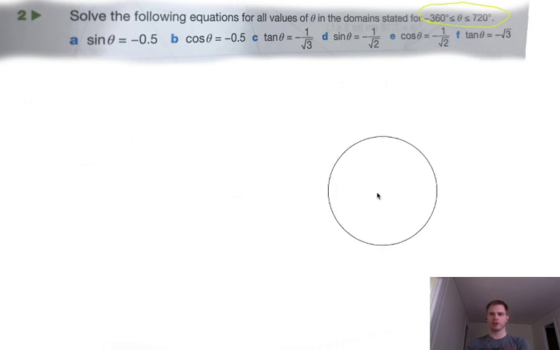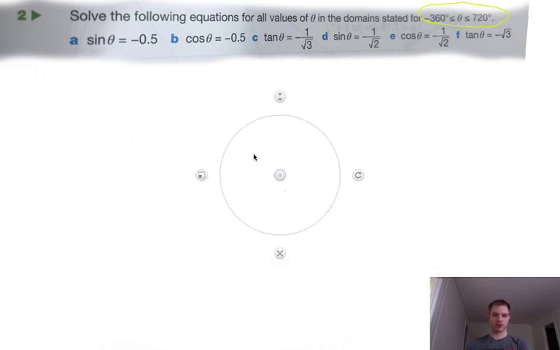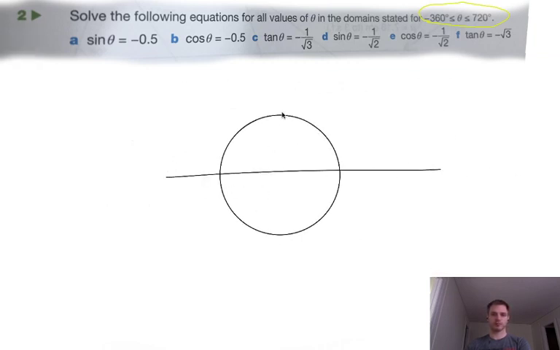Okay, so now we're going to do E, which is the same question but for cosine. Okay, so let's bring back our unit circle so we can think through this. All right, so we have cosine of theta equal to negative 1 over root 2.